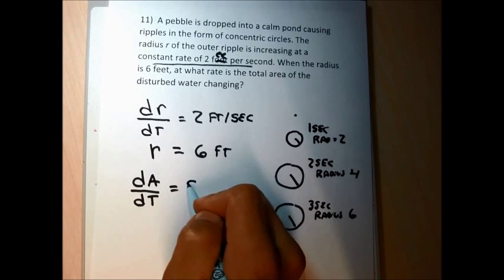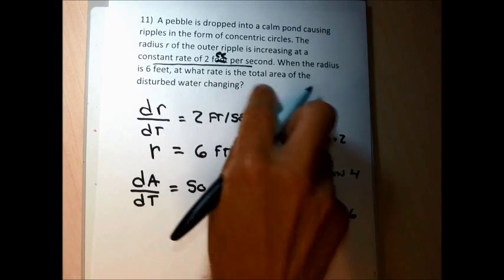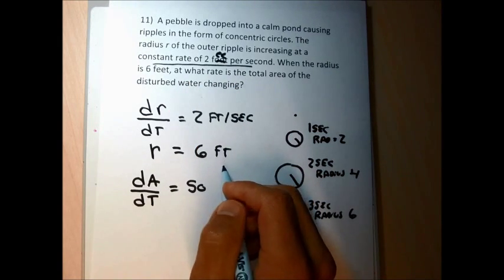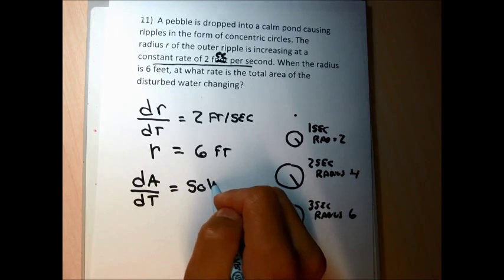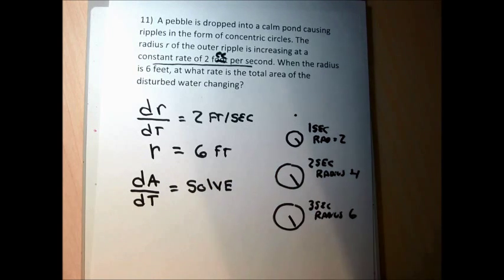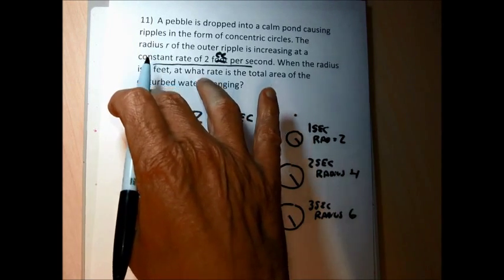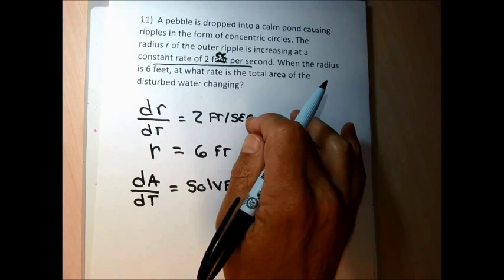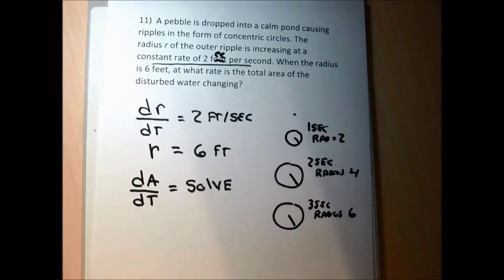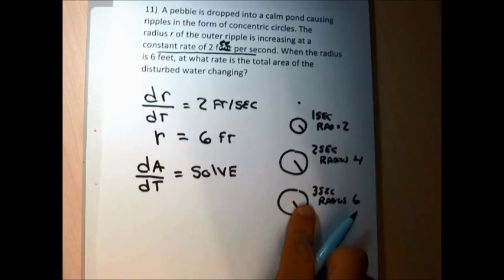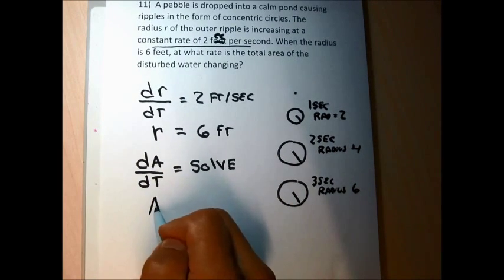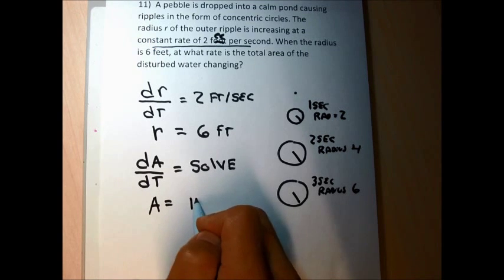And this is what I'm trying to solve for, because it says at what rate is the total area of the disturbed water changing, and that's what the dA/dt is. So these are the givens. dr/dt is 2 feet per second. The radius is 6 feet. I'm trying to find dA/dt. And for all of these circles, the area is pi r squared.